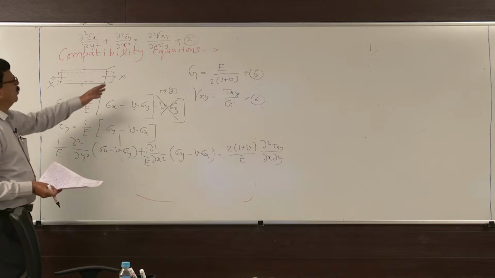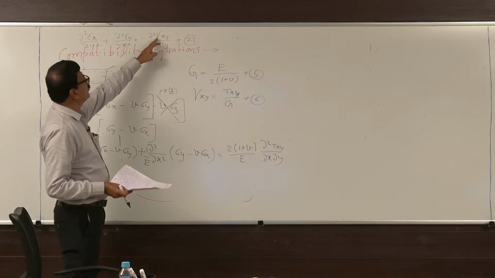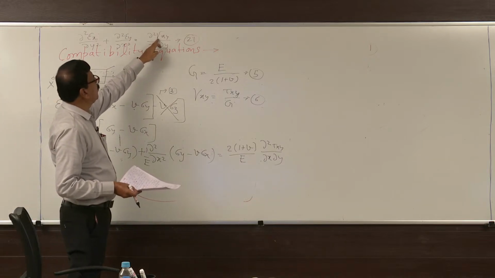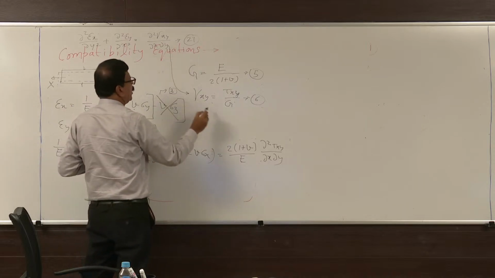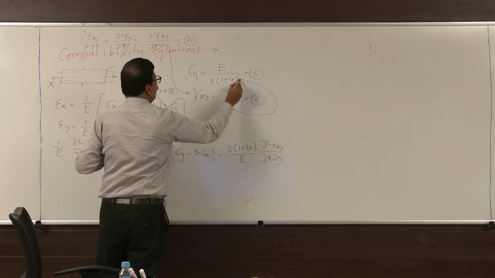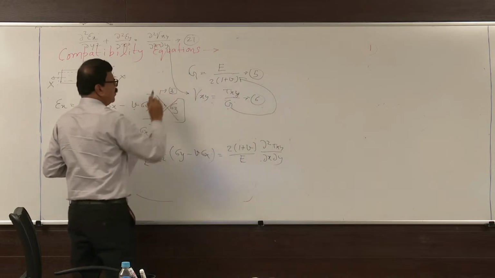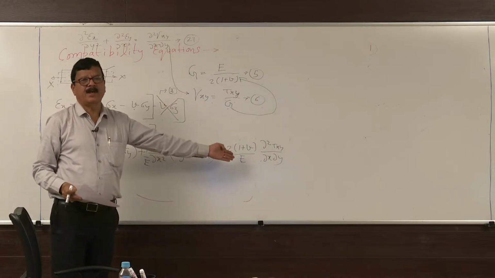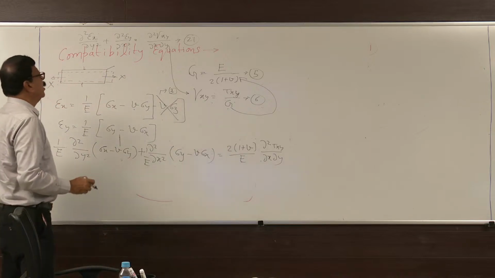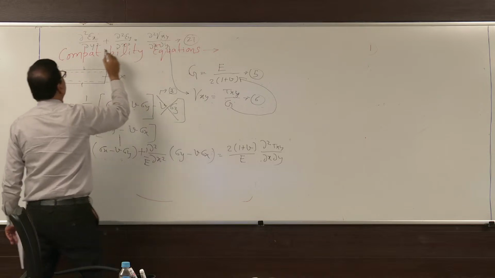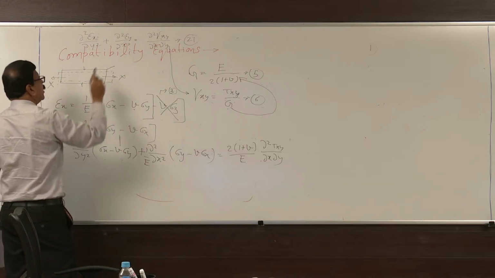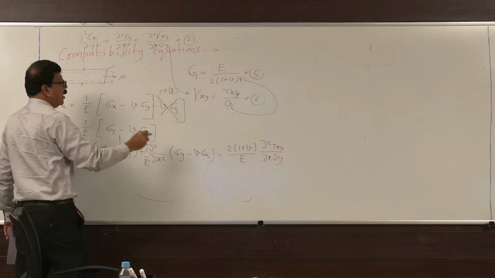Here also we put the value of gamma xy with reference to this, and in this we replace G with this value. So you will get this thing. We are just putting the values of Ex, Ey and gamma xy here.